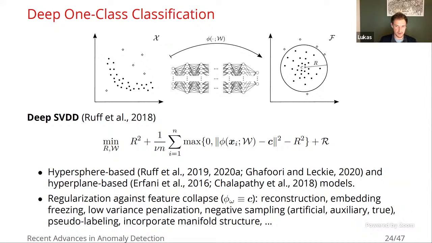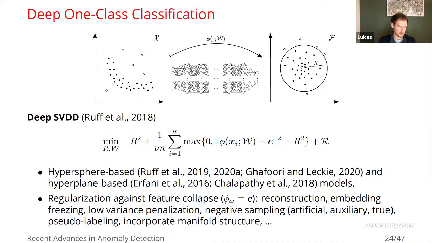So for instance, in NLP applications, this has been done, or some penalization on the variance, or if one can think of or use negative samples, either created artificially or from some auxiliary corpus, or actual anomalies.